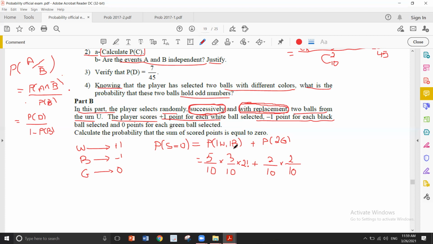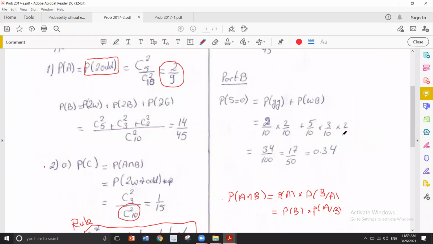Don't forget that. Here I don't multiply by factorial because green, green are the same, I cannot permute them. So the result equals 0.17/60.